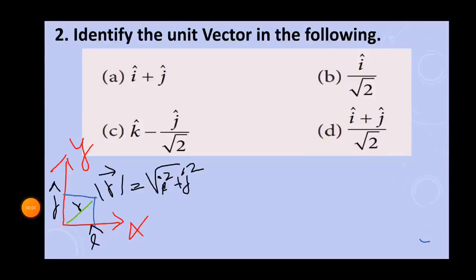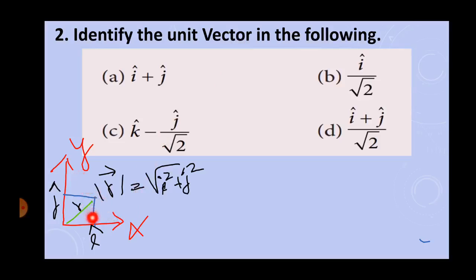So next, the second problem. Identify the unit vector in the following. A unit vector is nothing but a vector whose magnitude is equal to unity, that means 1. Understand students? Okay. So already you know that we can take position vector r along the x direction and y direction.